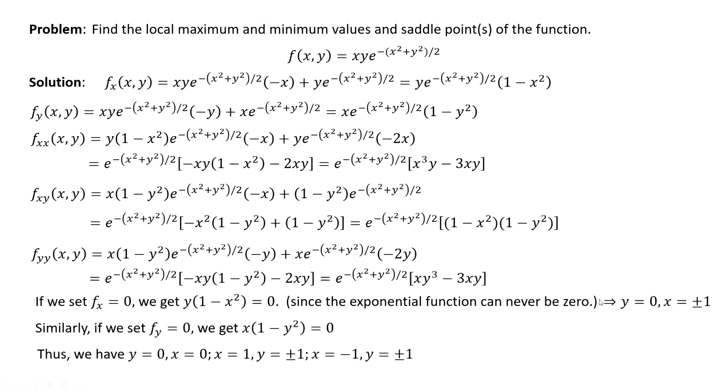Let me be clear. The partial with respect to x gave us two possibilities: y could be 0 or x could be plus or minus 1. Are we cool? And the partial with respect to y gave us two conditions, from which we could say x equals 0, but let's keep it this way.